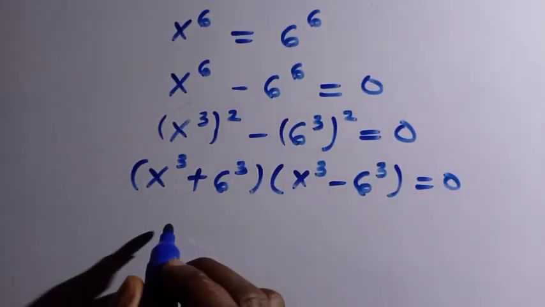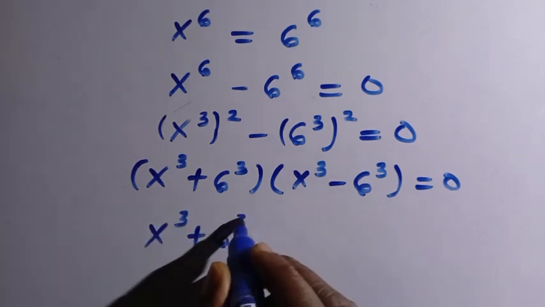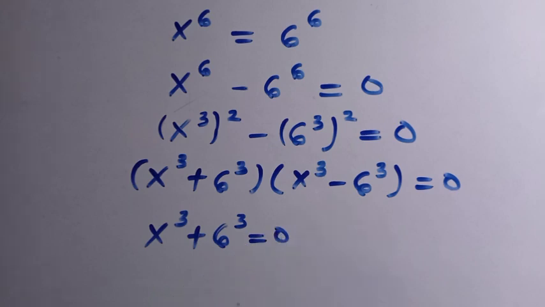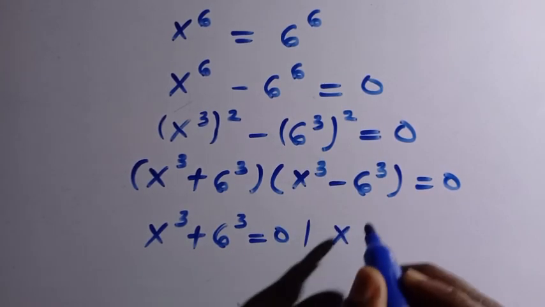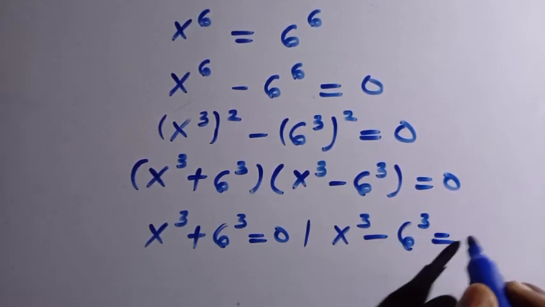So for these two expressions, we let x^3 plus 6^3 equals 0, and again we let x^3 minus 6^3 equals 0.